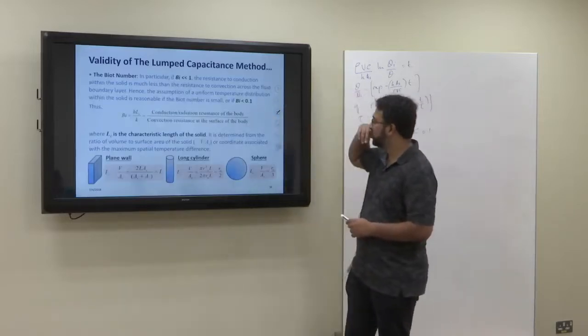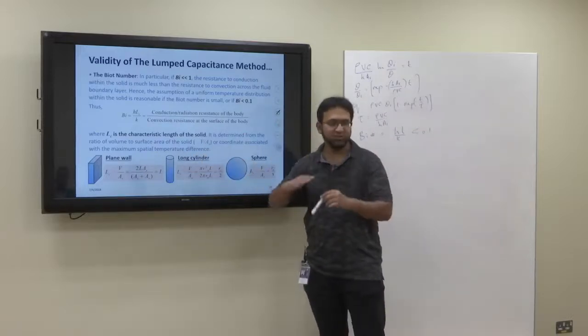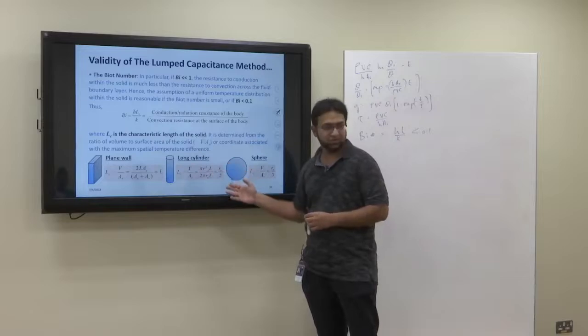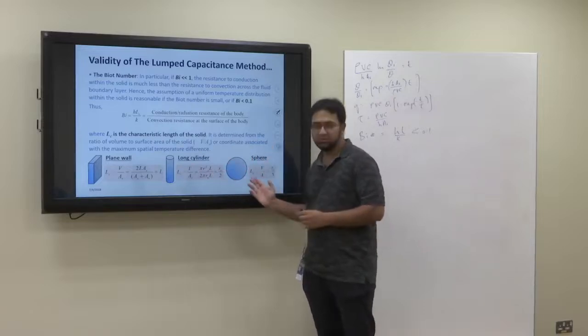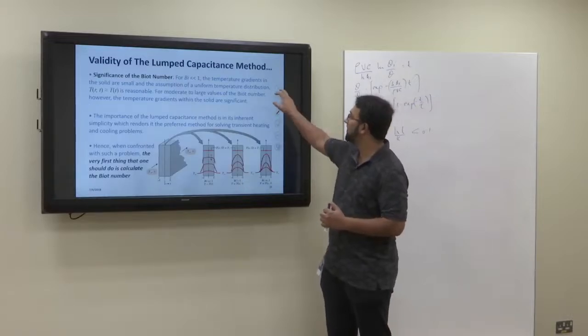L is the characteristic length, and for a plane wall it's in the direction of the heat flow. For a long cylinder it's r by 2, for a sphere it's r by 3. These are the things that we determined last time.